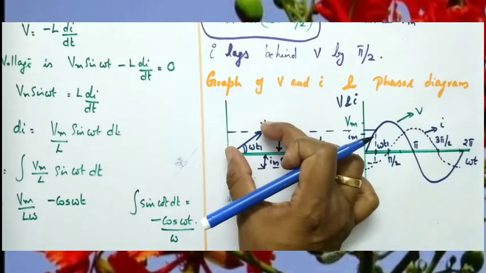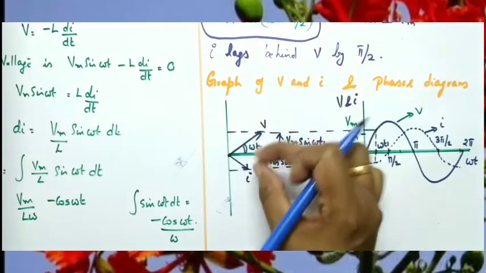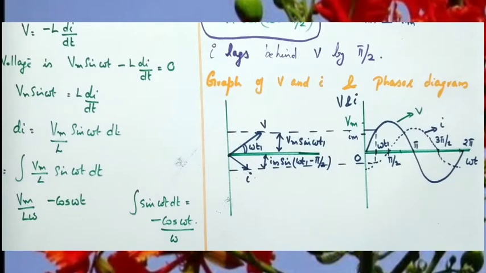And the magnitude of voltage represents Vm, and the magnitude of current is Im, and Im is always less than Vm. So this is the graphical representation and phasor diagram when AC voltage is connected to an inductor.